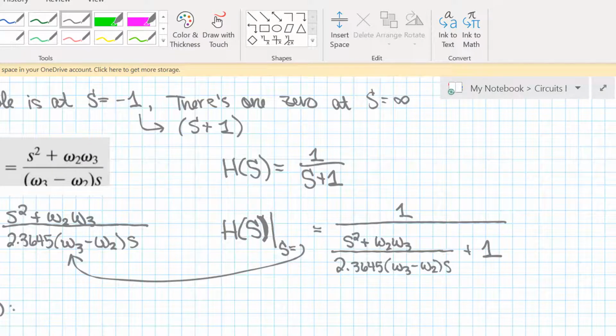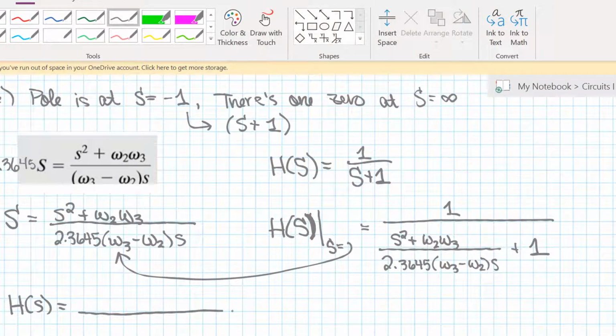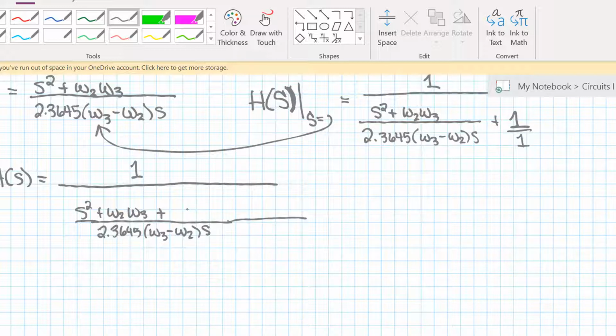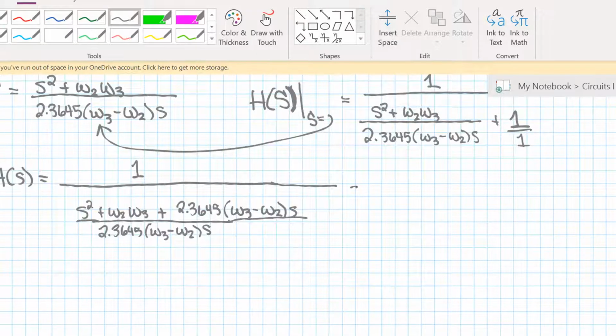And now I'm just going to write it as h of little s. The first numerator stays the same. But the 1, it was like 1 over 1, so you multiply top and bottom by the LCD. And then you just invert and multiply.